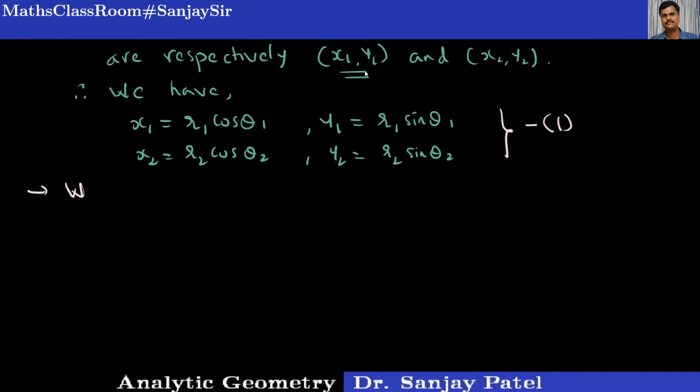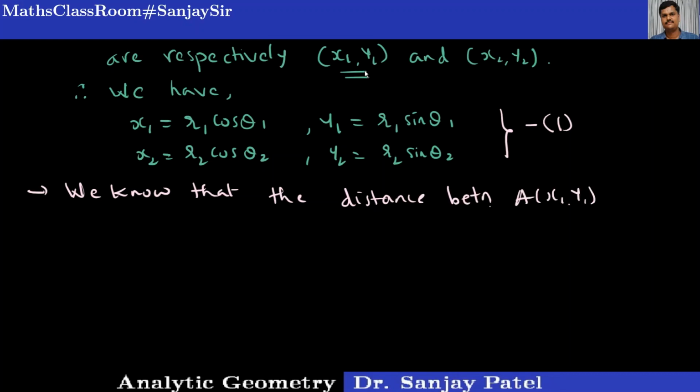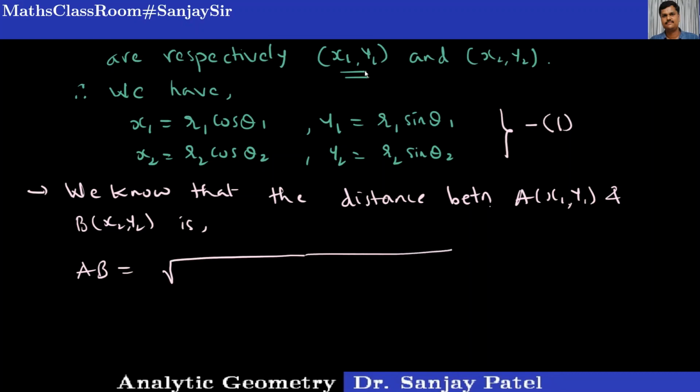So we know that the distance between the 2 points in the Cartesian form x1 y1 and x2 comma y2, AB, is equal to square root of (x1 minus x2) square.